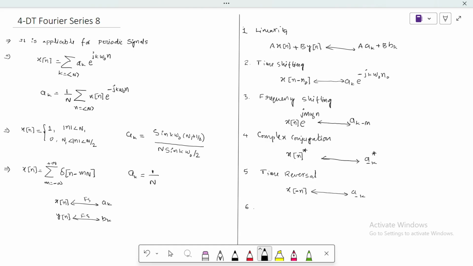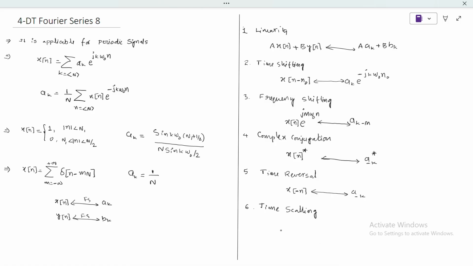The sixth one is the time scaling property. This is a discrete time signal, and you know that the time index must be an integer.